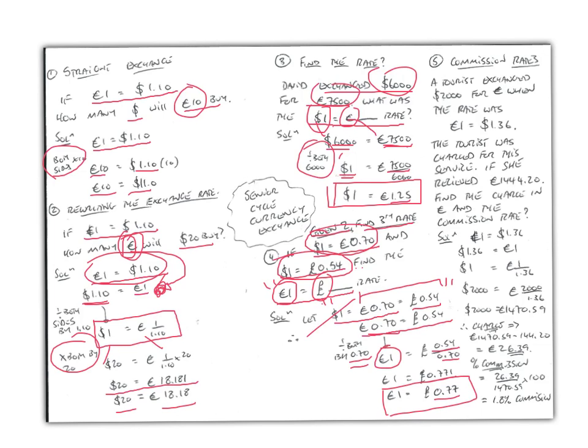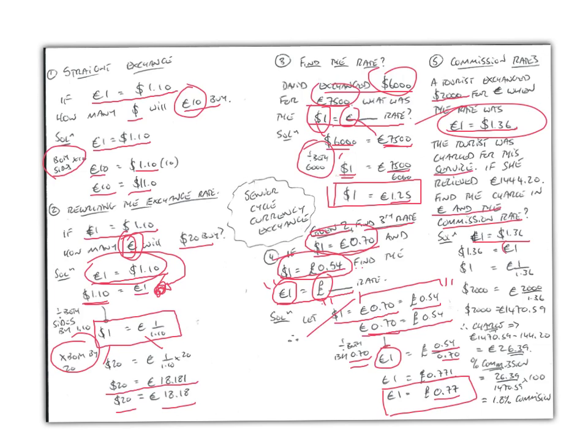Okay. Now, commission rates. A tourist exchanged $2,000 for euros when the rate was €1 equals $1.36. The tourist was charged for this service. If she received €1,444.20, find the charge in euros and the commission rate. Well, first of all, we know what the exchange rate was. We write that here, €1 equals $1.36. But we're looking to see how many euros the tourist should have received.